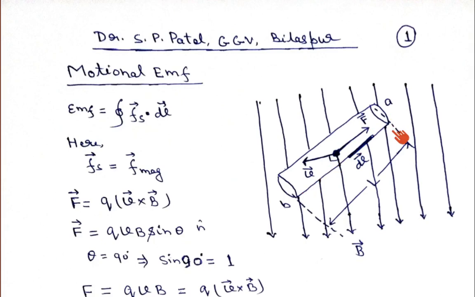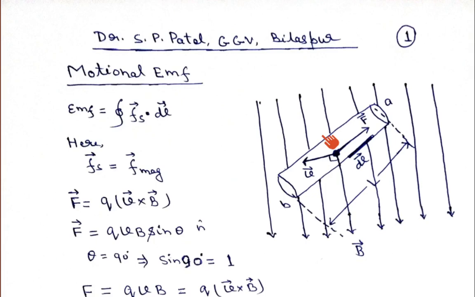Force will act because of the motion of this wire in the presence of the magnetic field, the Lorentz force, F equals Q V cross B. Let us assume that this wire is a conductor. It means charges will be present, and along with the motion of this conductor, the charges will also move. That is the motion of a charged particle in a magnetic field.